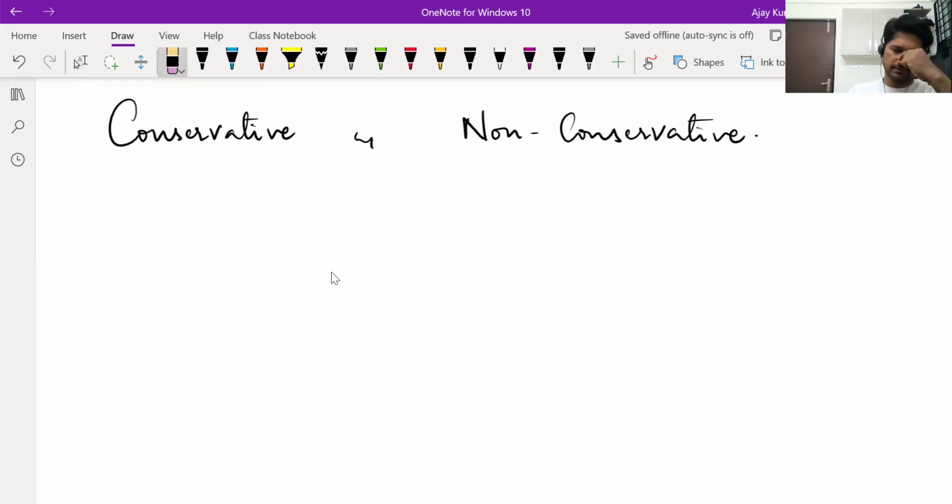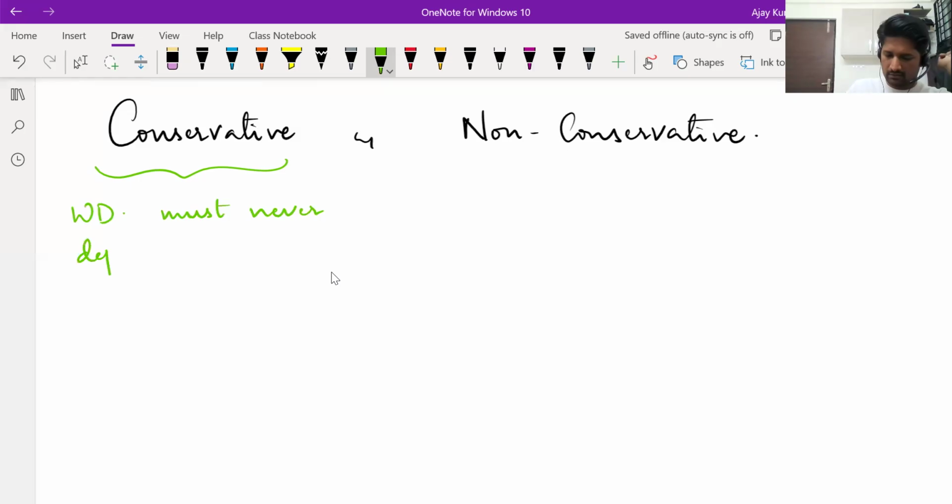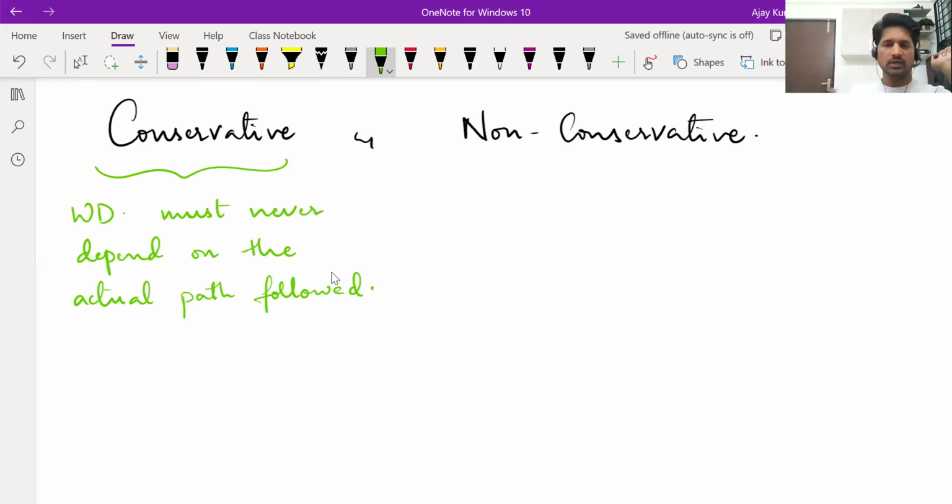Now there's a definition for this. Conservative forces are forces the work done by which does not depend on the path followed by the object. Work done must never depend on the actual path followed by the object. See, work done involves a displacement, right? So work done during a particular displacement should not depend on how the object actually moved.